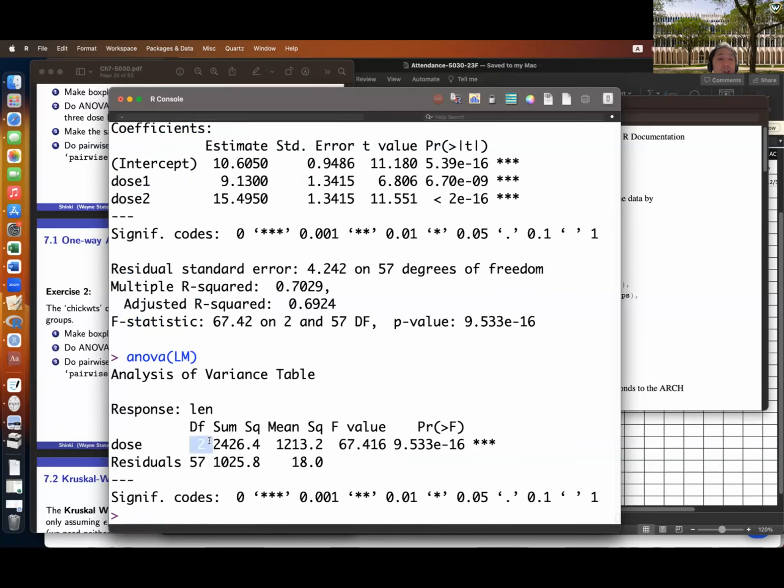You can see that the degrees of freedom is 2, because those have 3 levels and 2 is 3 minus 1. If this is 1, you probably failed to transform the column into a factor. For other questions, I will upload the solutions sometime soon.